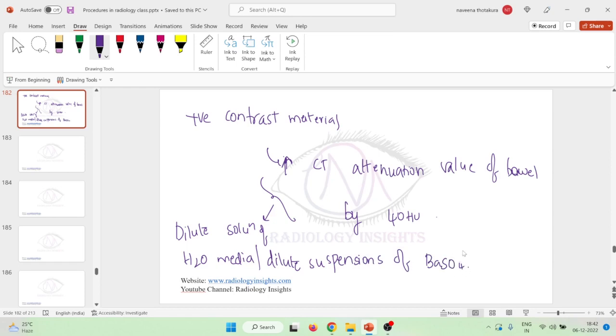By using either of these, we can increase the CT attenuation value of the bowel by 40 Hounsfield units.